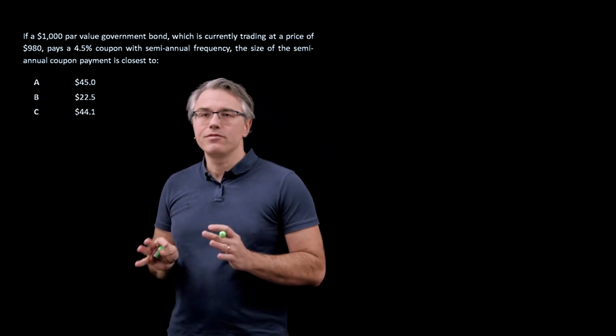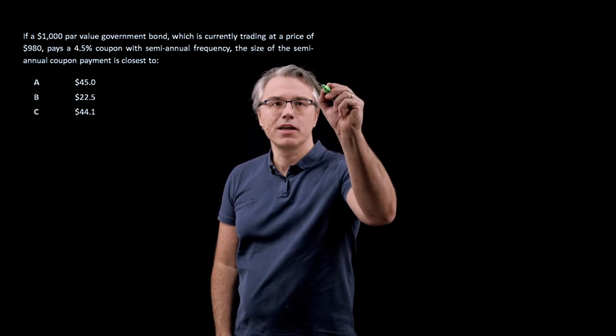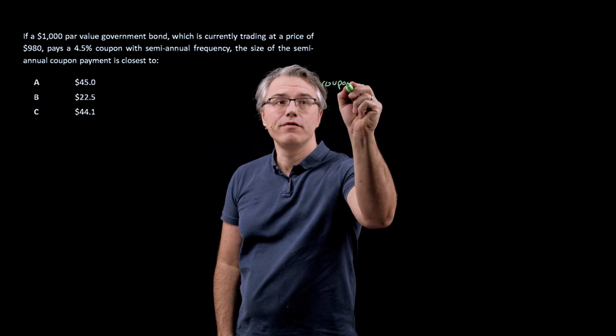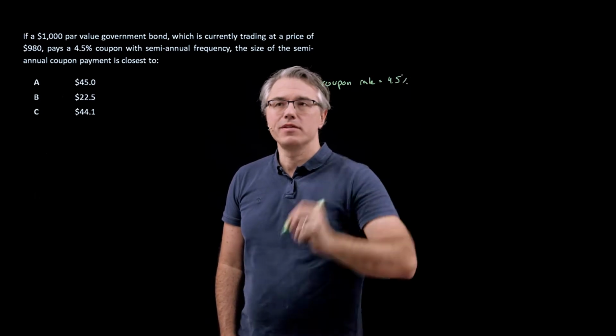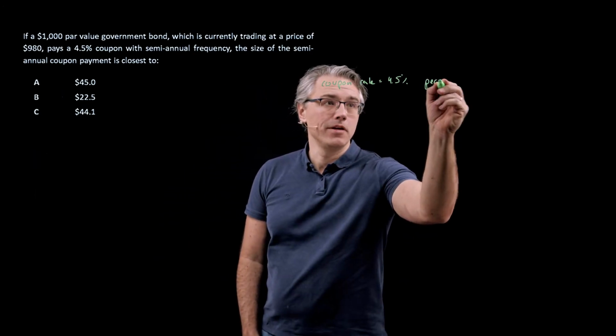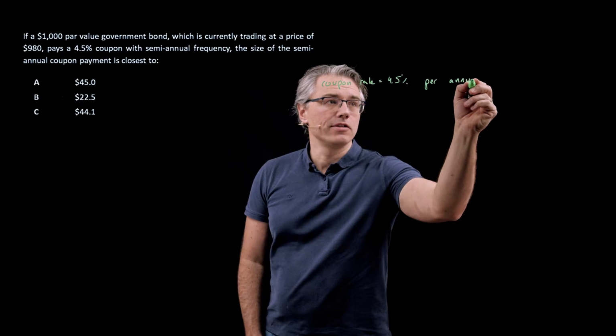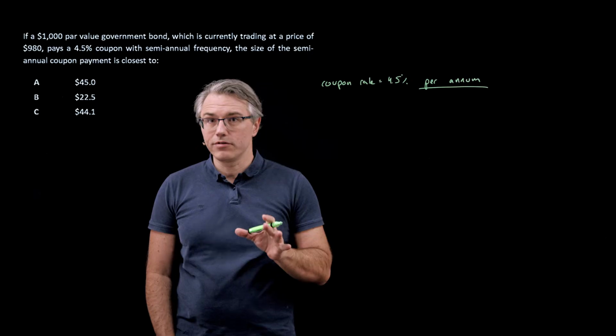Now, the thing to really emphasize here is that when you are given a coupon rate, whatever it is, in this case, it was 4.5%. This is always per annum. It's always quoted on a yearly basis, irrespective of the actual coupon payment frequency.